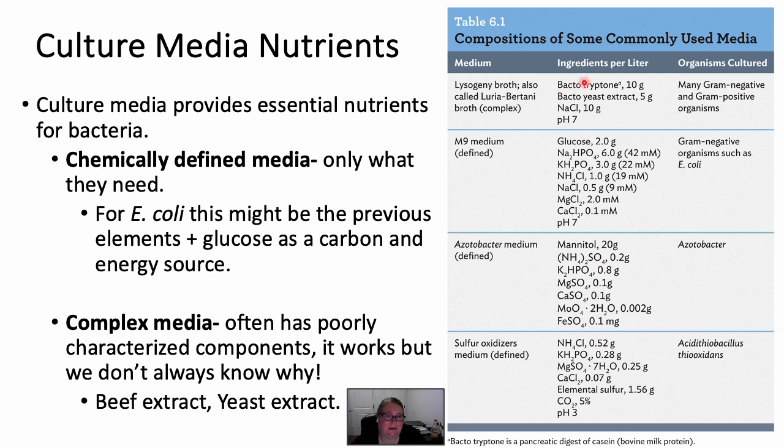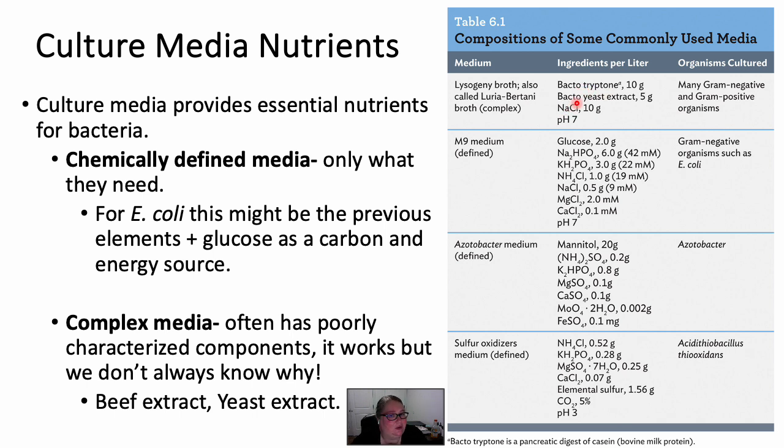This is going to have about 10 grams of bactotryptone. Tryptones are peptides, so they're pieces of a protein that were made when an enzyme called trypsin broke apart casein, which is a protein. We don't really know what is in these peptides. We just know that we have them.